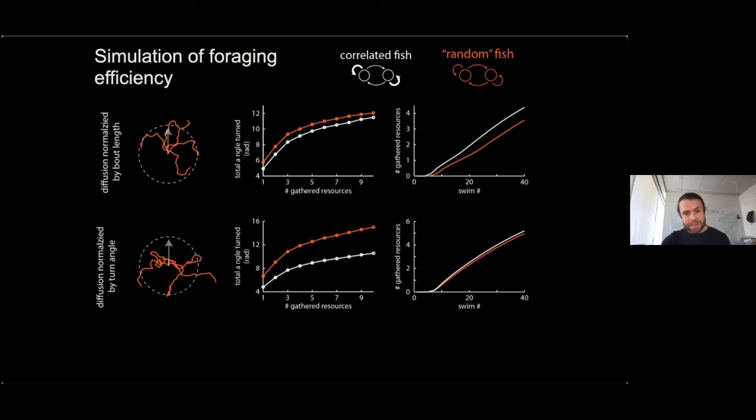So you can interpret this also in a framework where animals are trying to optimize their behavior for spending less energy and still covering the environment efficiently in search of resources like food when there are no cues available.